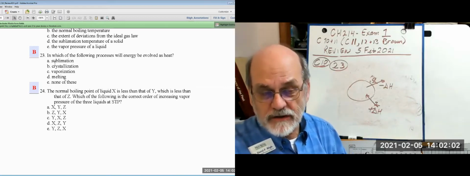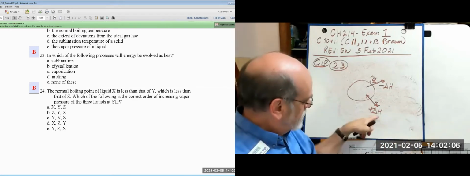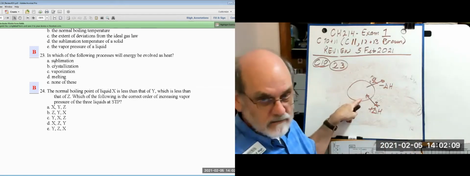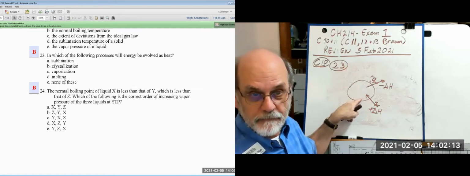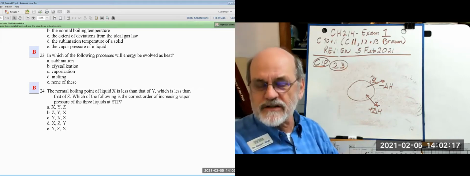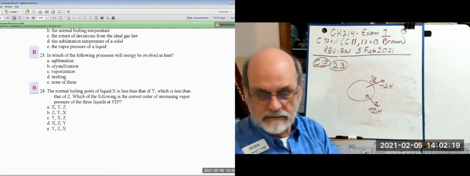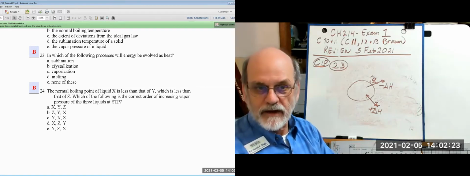Well, sublimation is going from solid to gas. It absorbs heat. That can't be it. It's not evolving, it's absorbing. How about crystallization? Crystallization is like going from liquid to solid. That's also known as fusion.